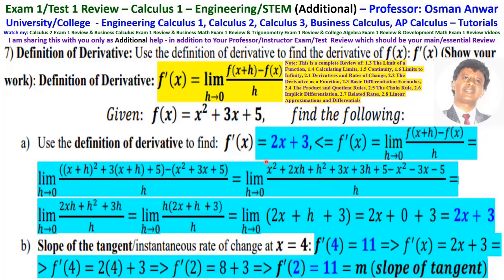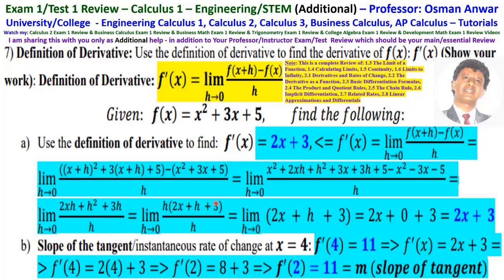Then x squared cancels x squared, 3x cancels 3x, 5 cancels 5. Then this becomes equal to limit as h approaches 0 of 2xh plus h squared plus 3h over h.